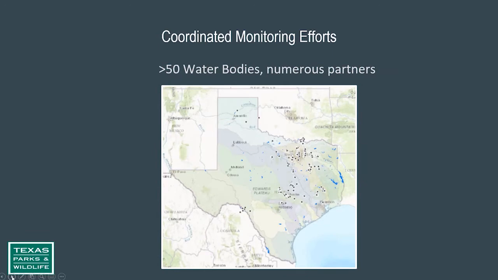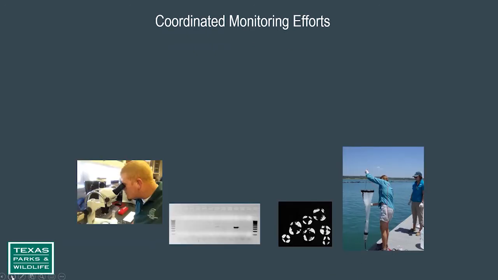You can see that we do a lot of sampling and measuring in a large number of lakes around the state. At those locations, we will do plankton sampling, which basically will allow us to pull those veliger larvae out of the water if they're present. And we do that twice per year during peak spawning times. So if they are there, they would likely be located.